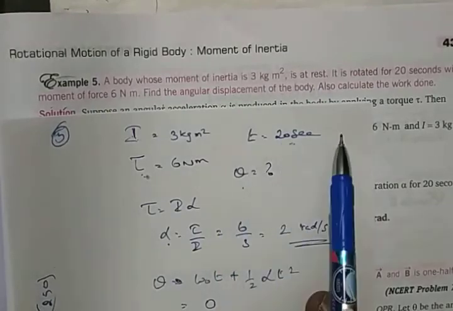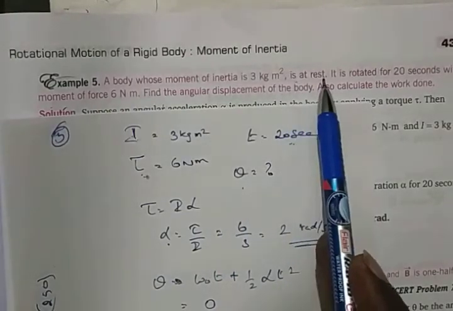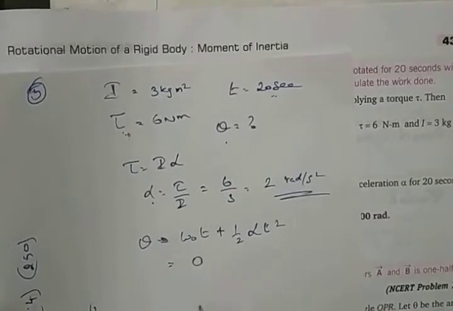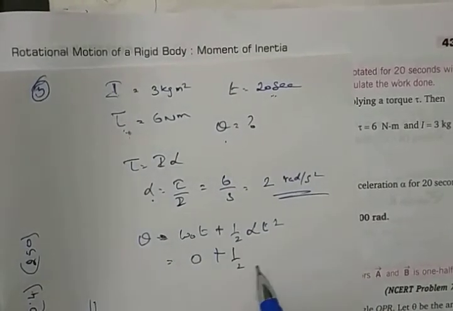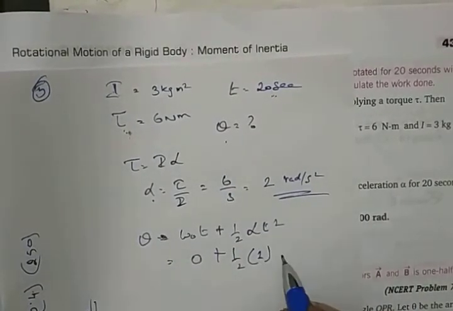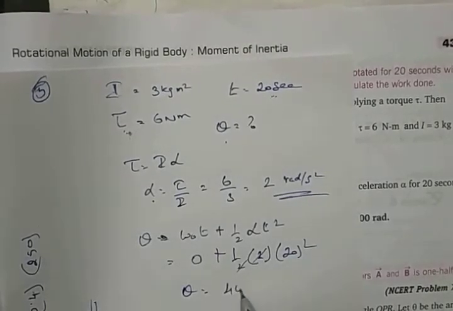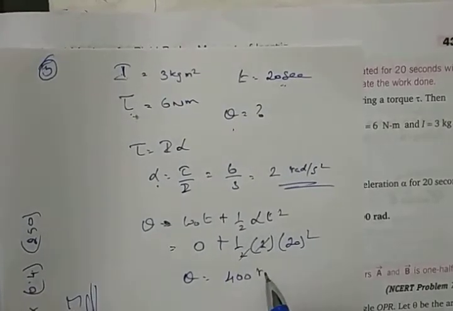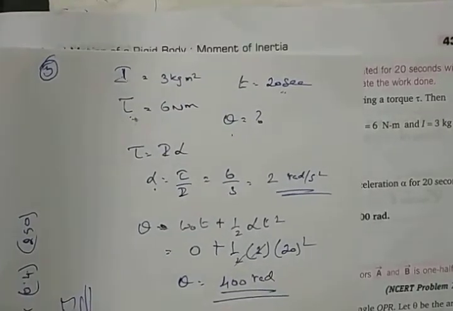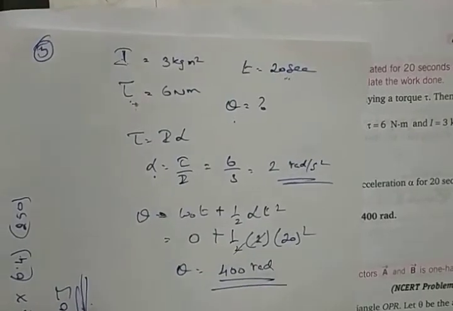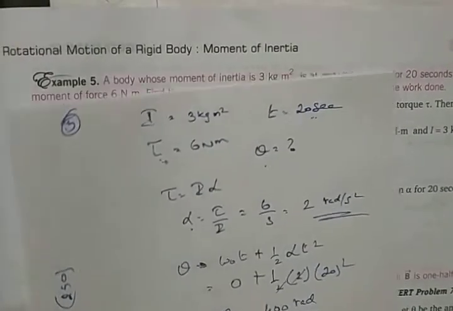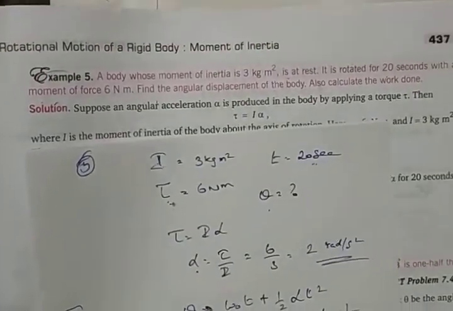It is written there, it is at rest. So it is 0 plus half into 2 into 20 square. It gets cancelled out. So theta is equal to 400 radians. 400 radians is the answer. First part is over. Angular displacement is over.